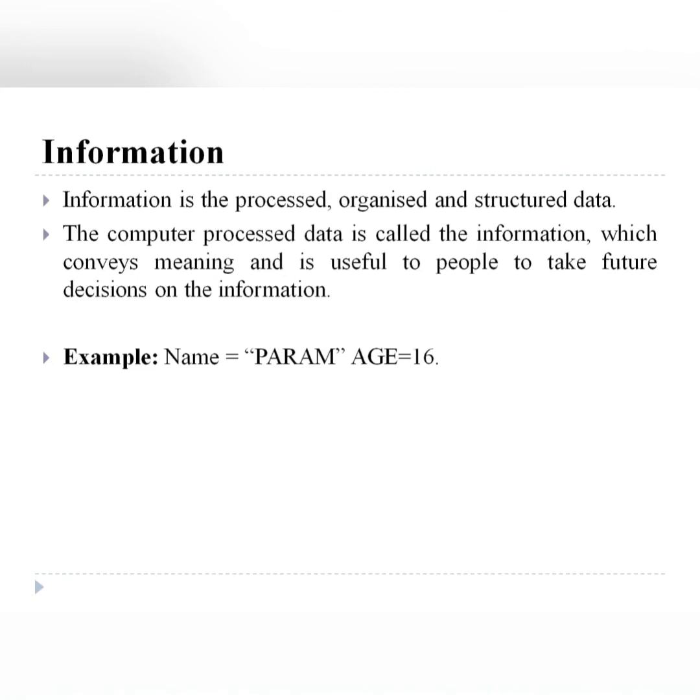Information is an organized and processed form of data. In a computer, we give data as input and after processing, we get information as an output. So in general, unprocessed items are called data and processed data is called information.